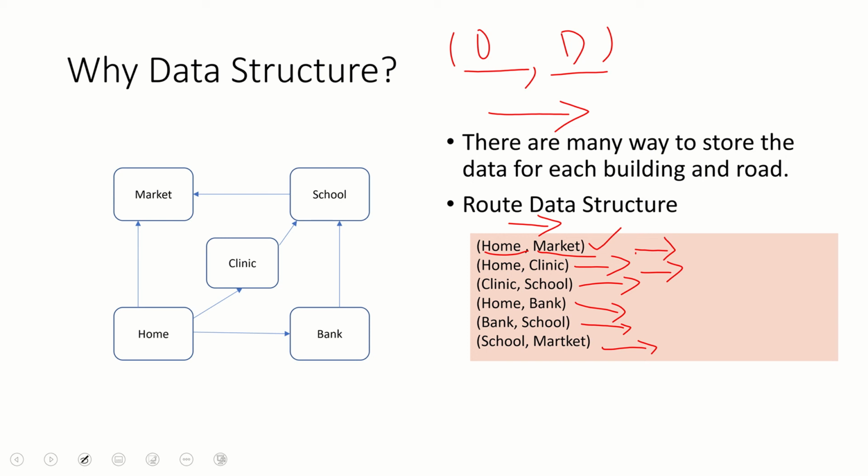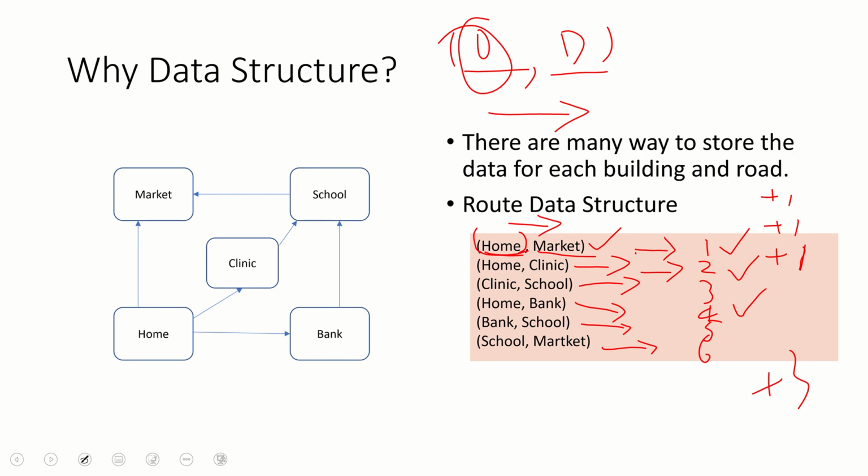You count from 1, 2, 3, 4, 5, 6 until the end. Then you mark the ones whose original place is home, 1, 2, 3, so +1, +1, +1. Then you get 3, right? So it tells you the 3 places you can go from home.